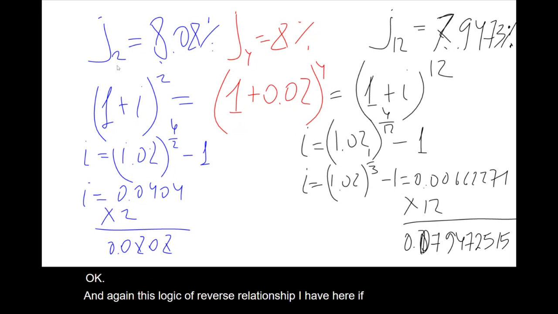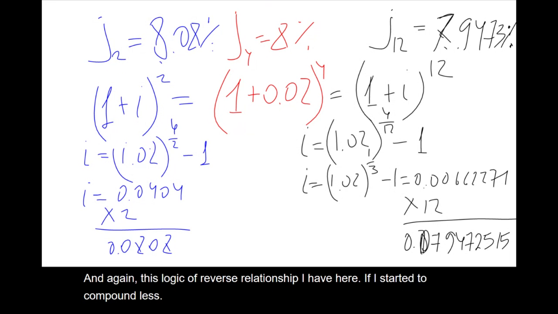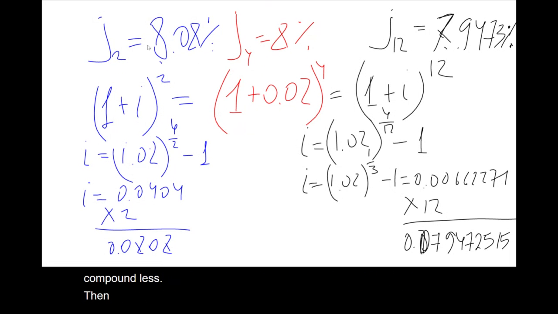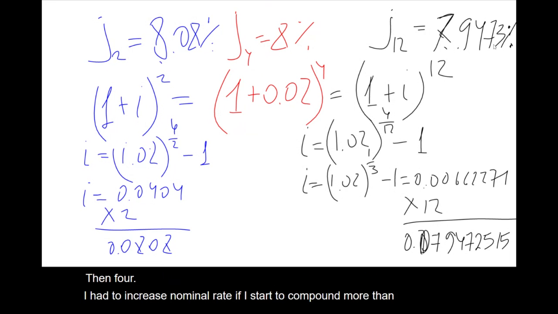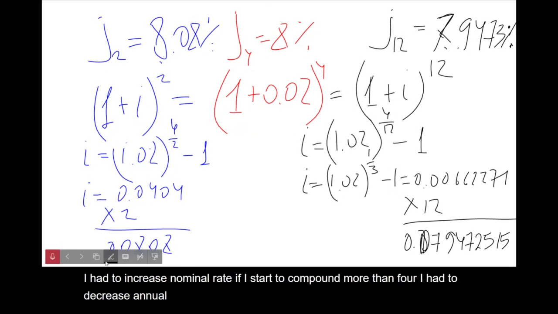If I start to compound less than 4, I have to increase the nominal rate. If I start to compound more than 4, I have to decrease the annual rate. And now, if we like, we can find the effective rate.